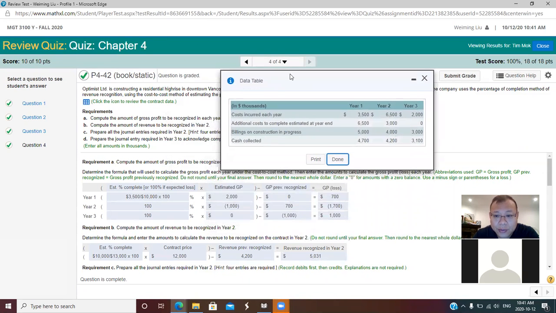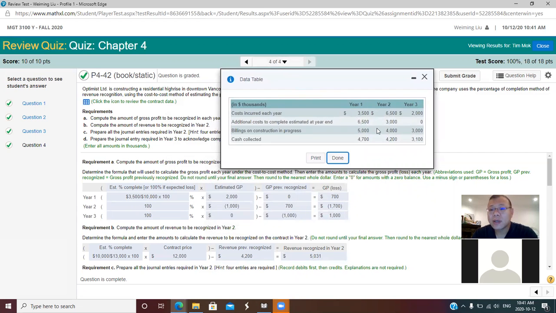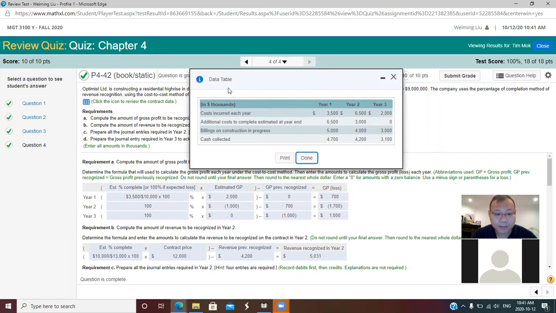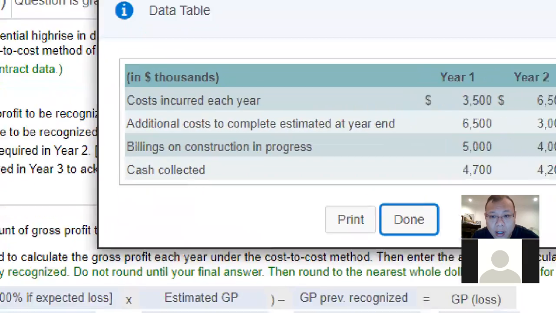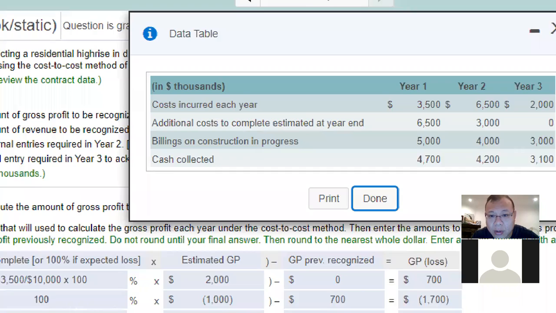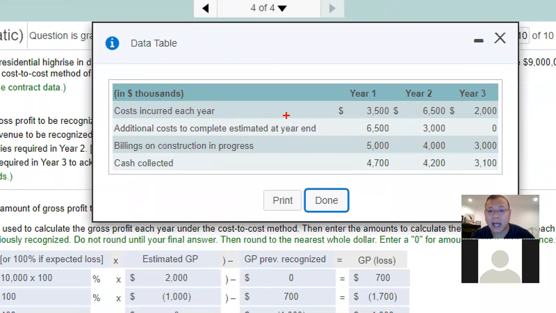Okay, year two. So again, I need to make this bigger. Is that big enough? Okay, good. So for year two, the first question is, what is the cumulative cost for year two?